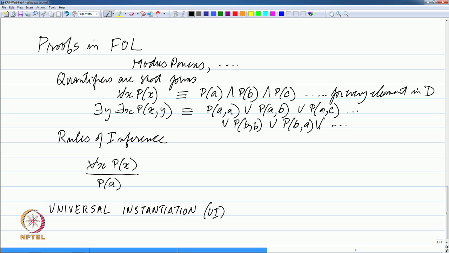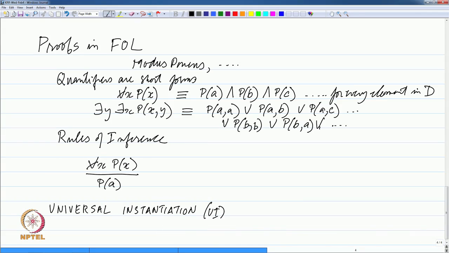Essentially it says that for x you can substitute anything, you can even substitute a term which is, let us say, some function of a constant. Any term that you give as an argument to this predicate, this formula must be true. So, you can substitute anything.